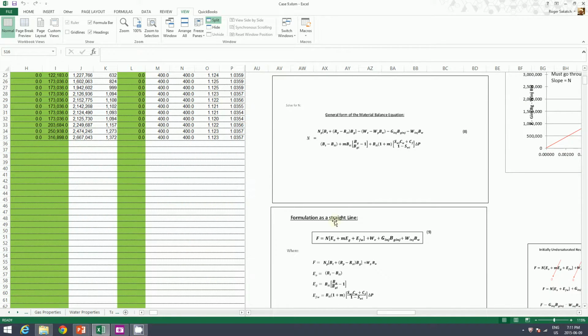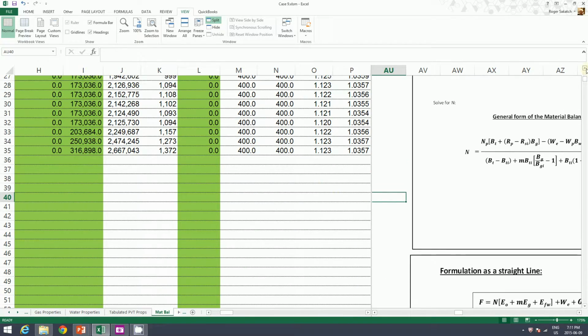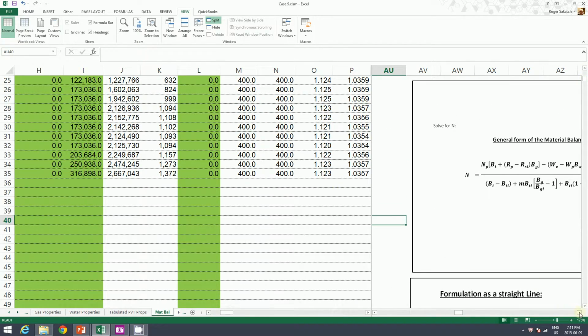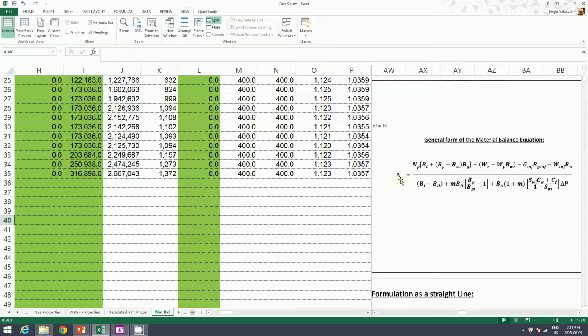We'll move off to the right here shortly, but before we get on, I wanted to just refresh your memory that this is the material balance equation that we're going to be dealing with. So N is the original oil in place, and it's a function of many, many parameters.